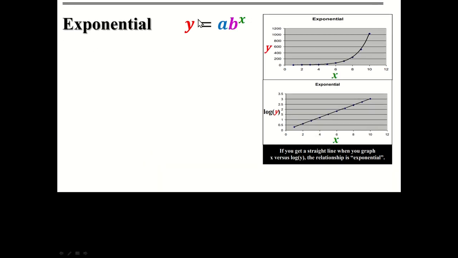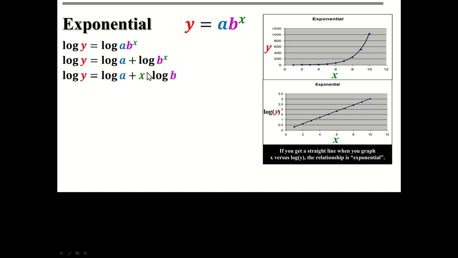Let's do the same thing we just did, but now we're going to do it with an exponential relationship, where the variable is the exponent. I'm going to do the same thing I did before. I'm going to take the log of both sides. And then we're going to just apply those rules that help us manipulate logs. That's the log of one number times another number is the log of one plus the log of another.